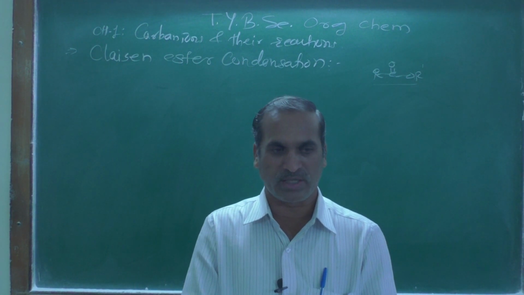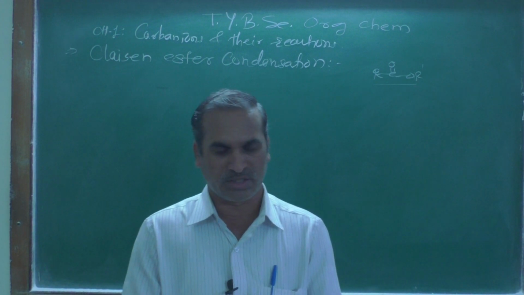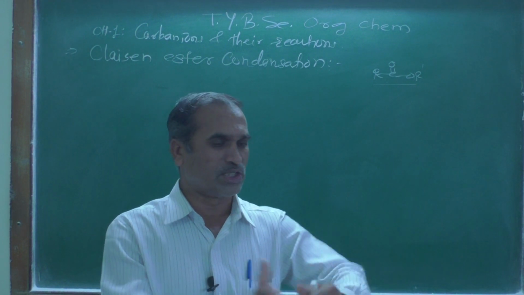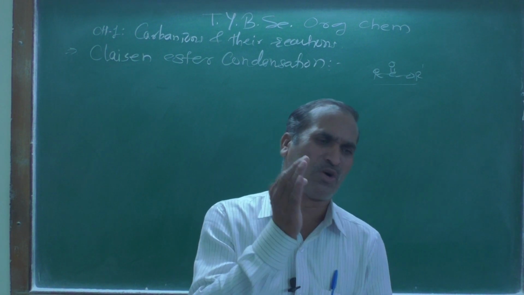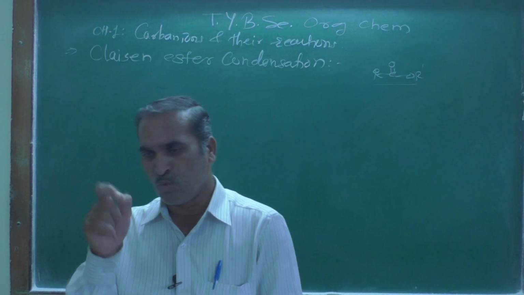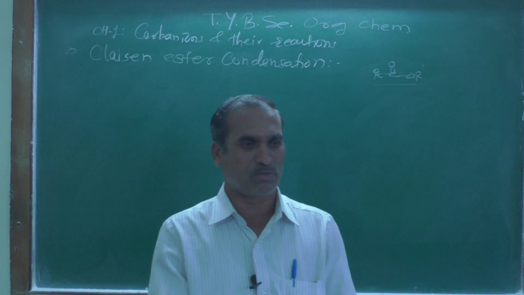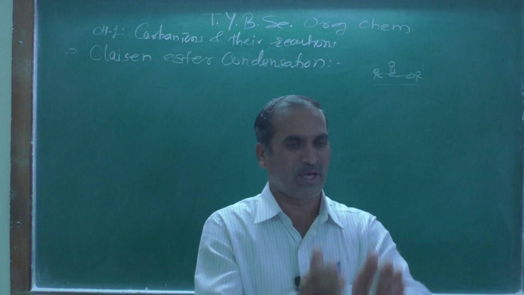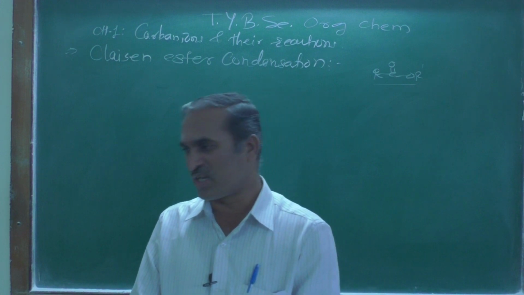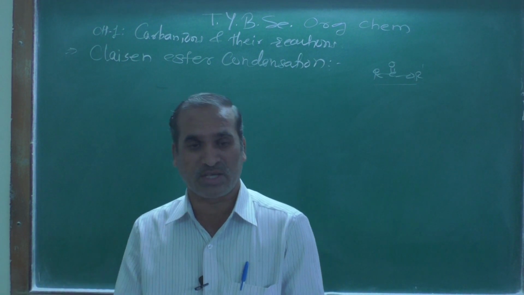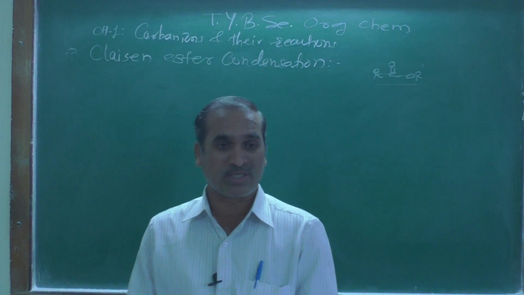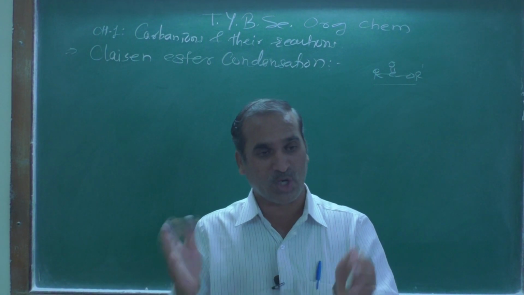These are alternative names of this compound. This compound is versatile; a variety of organic compounds we can prepare or synthesize by using this compound. We will see the applications later on.